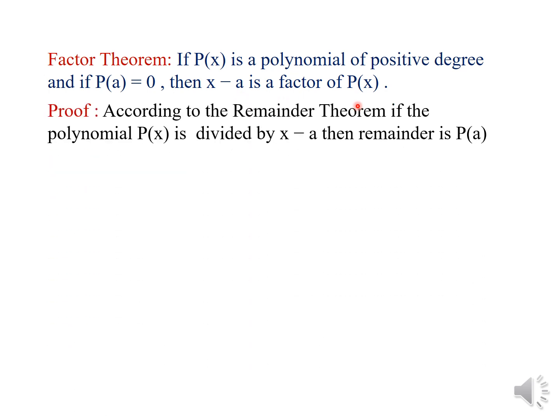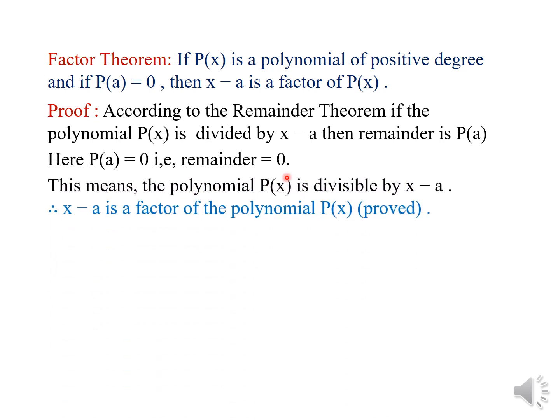Now its proof. According to the remainder theorem, if the polynomial p of x is divided by x minus a, then remainder is p of a. Just earlier we learned it. Here p of a is equal to 0. That means remainder is equal to 0. And if remainder is 0, this means the polynomial p of x is divisible by x minus a.